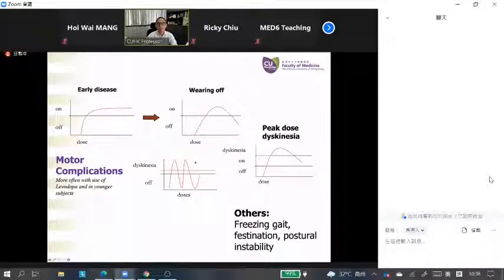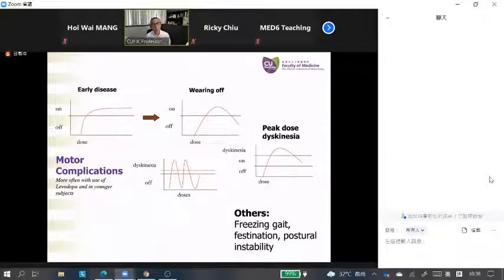But eventually, say 5 years down the road, 50% may develop some of this motor complication, usually wearing off first. So say 4 to 5 hours later, the symptoms will re-emerge.